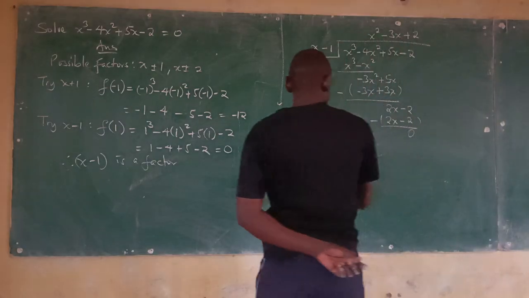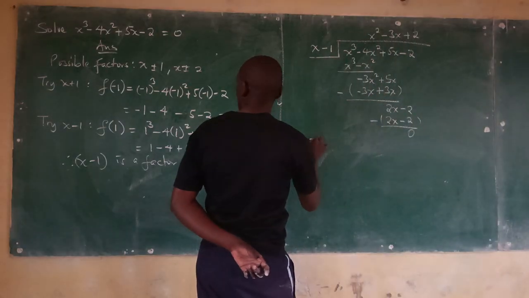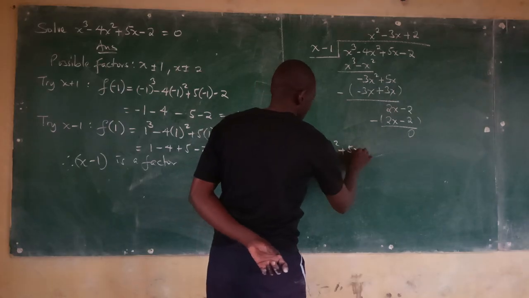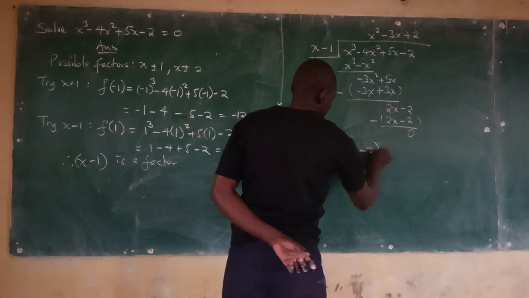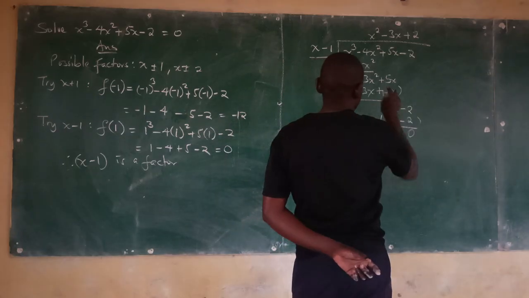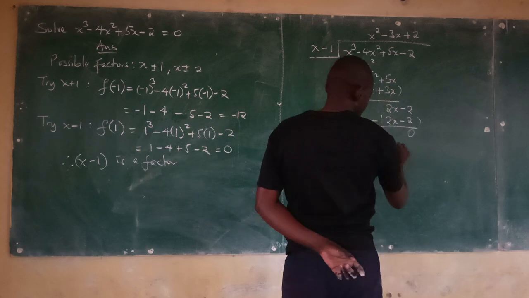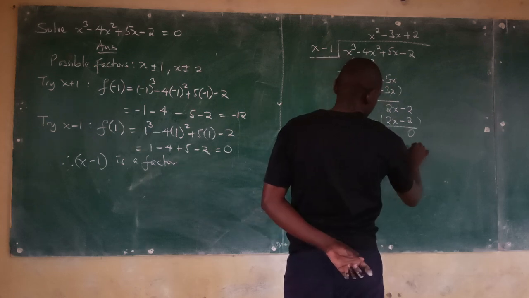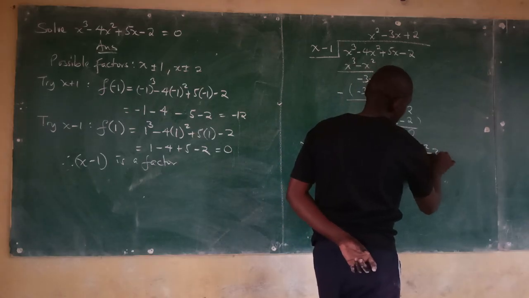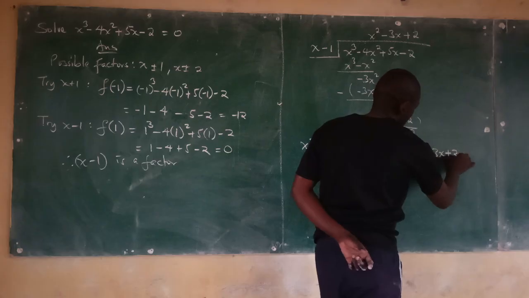That is to say, x cubed minus 4x squared plus 5x minus 2 is equal to the factor x minus 1 times the function x squared minus 3x plus 2.